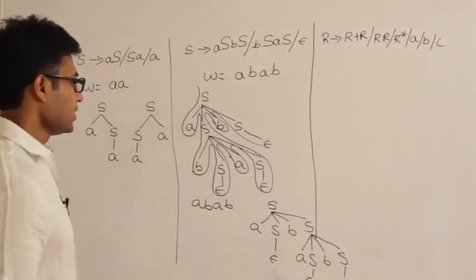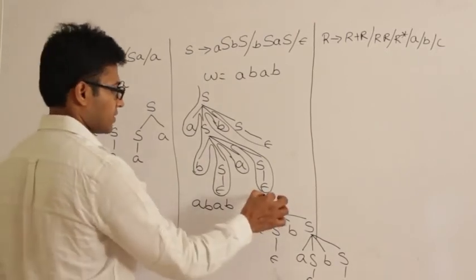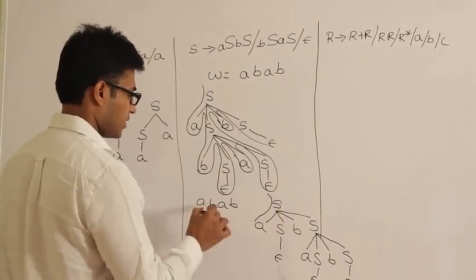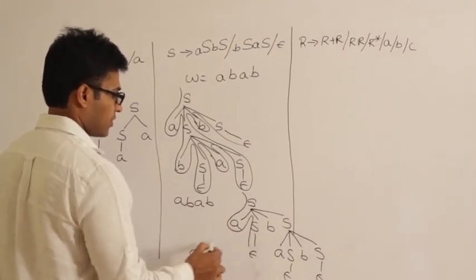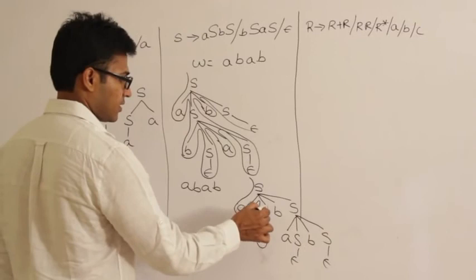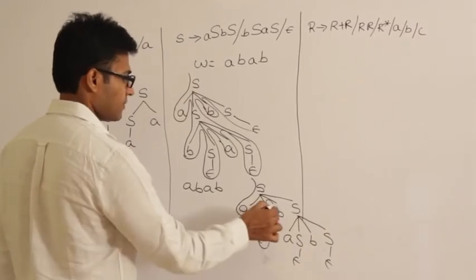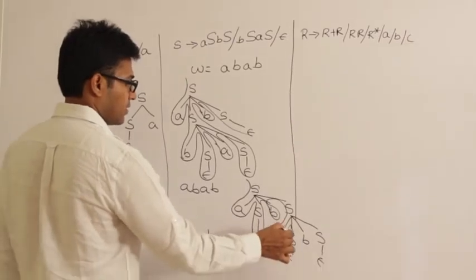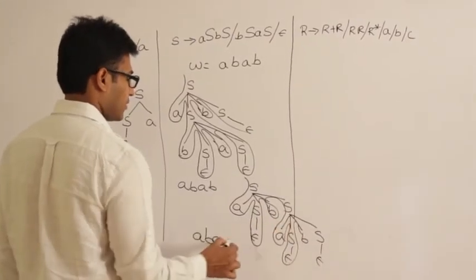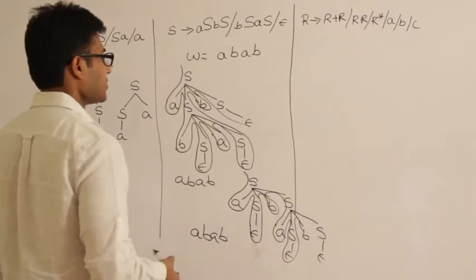Now just see the yield of this. First you encounter A, therefore output is A, and then you encounter epsilon, so don't write it, and then you encounter B, and then you encounter A, and then you encounter epsilon, leave it, and then you encounter B. Therefore output is ABAB.